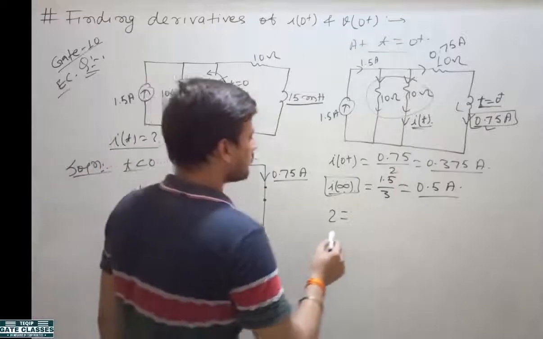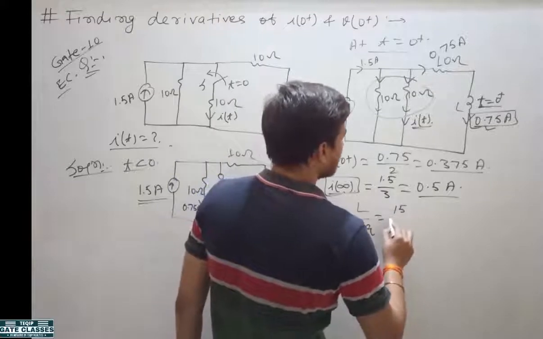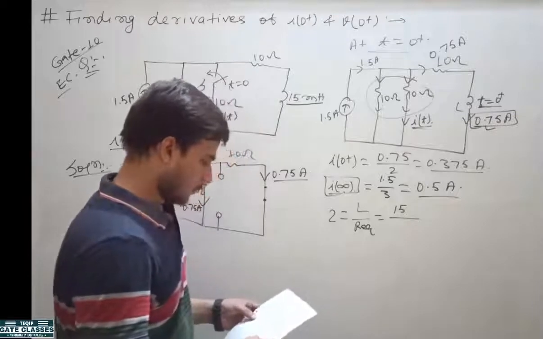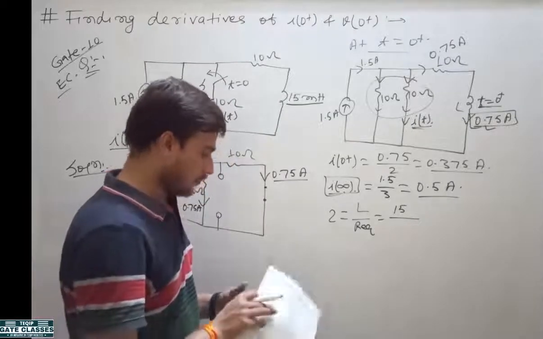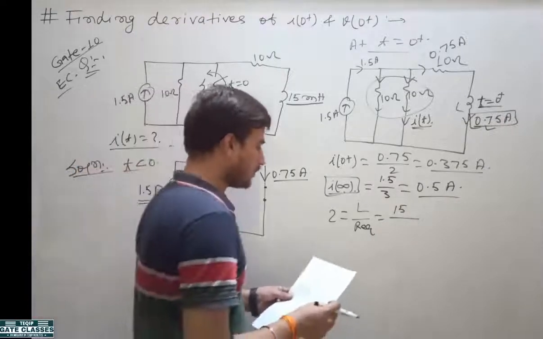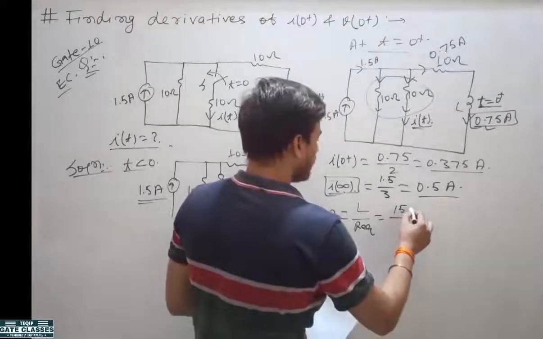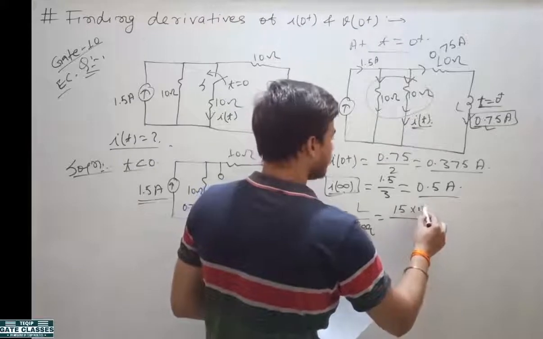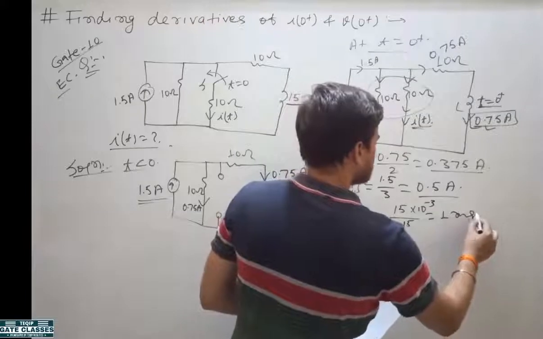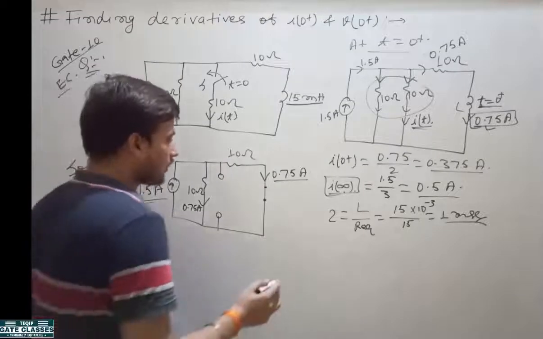So tau will be L by R equivalent, that is 15 millihenry divided by 15, which is 15 into 10 to the power minus 3 divided by 15. It is equal to 1 millisecond. This is the value of time constant.